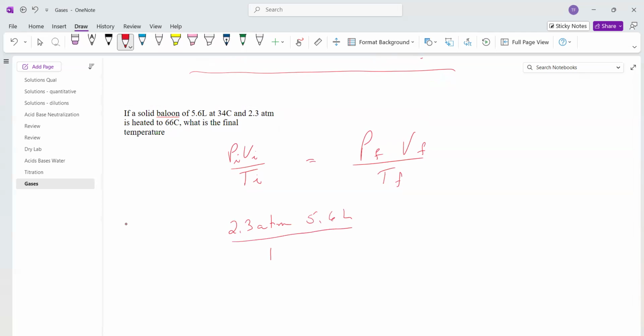And the temperature, we don't know what the initial temperature is. Oh, we do. I'm sorry. Let me back up. We don't know the final temperature. So 34, it was 307 Kelvin. Pressure. What's the final pressure?